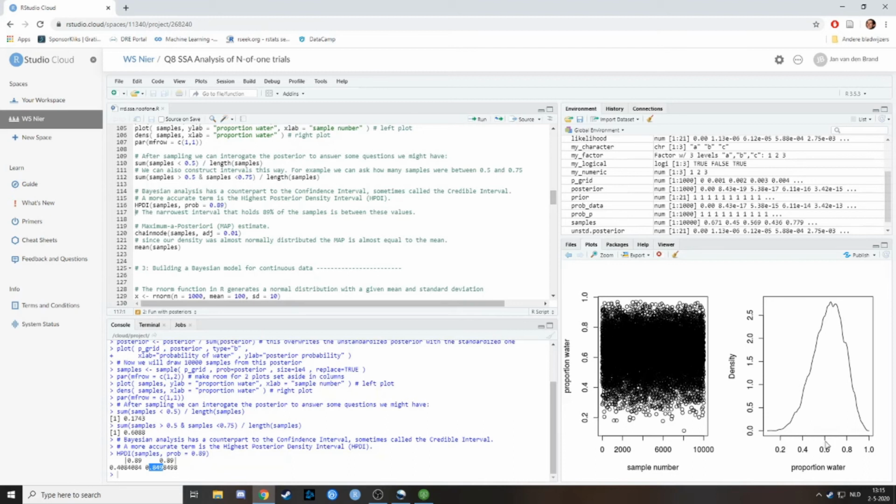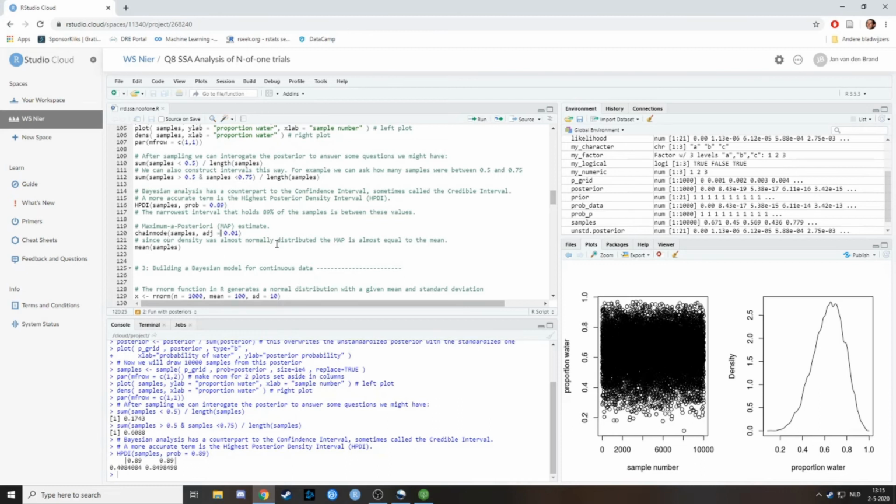So somewhere between here and here. So that's nice. We can construct an interval which is actually directly interpretable: 89% of the values will be between these boundaries, 41 and 85%.